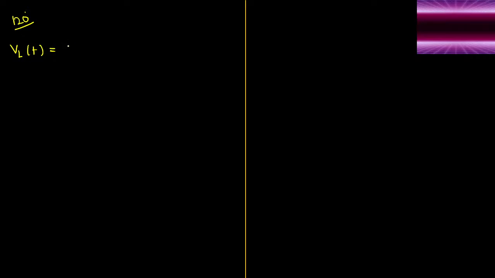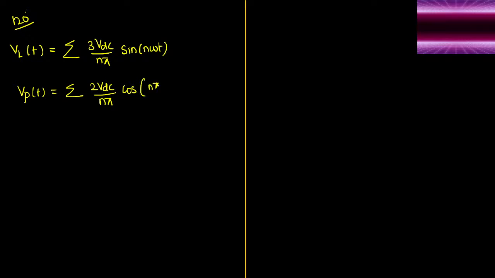Again, line voltage can be simply written as summation of 3 times VDC by n pi into sine n omega t, and if you are evaluating the phase voltage, V phase of t, the summation is going to be 2 VDC by n pi into cos of n pi by 6 into sine of n omega t plus n pi by 6. That's all. So just do remember the expressions for line and phase voltages.